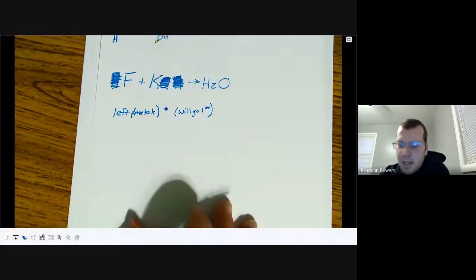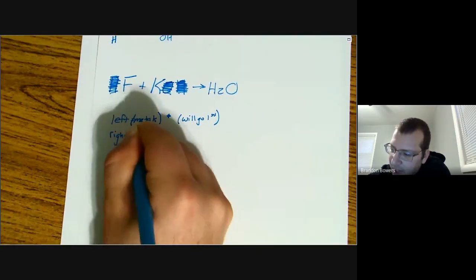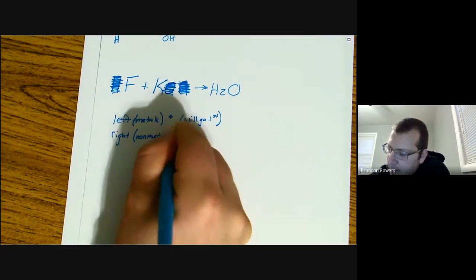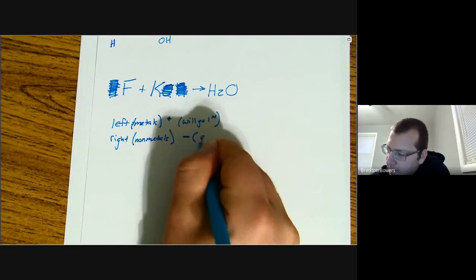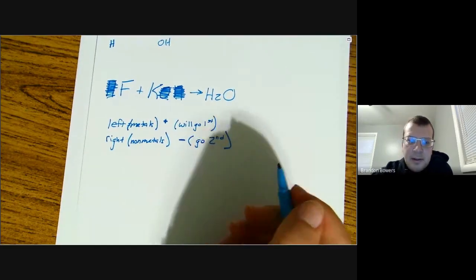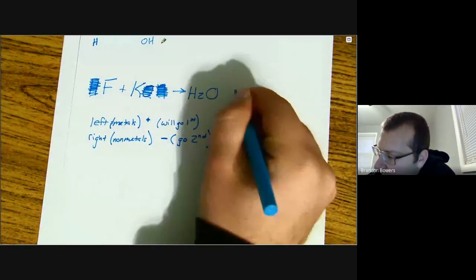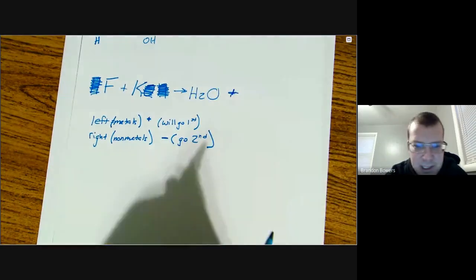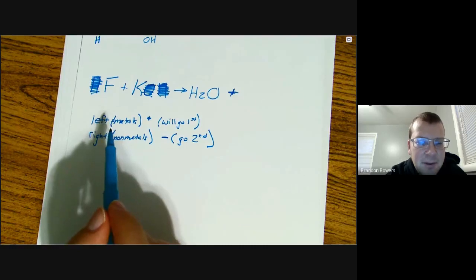Any elements on the right of the periodic table are called nonmetals, hopefully we remember that. Those are negative, and they're going to go second. So we have water plus, what's going to come first? An element on the left.